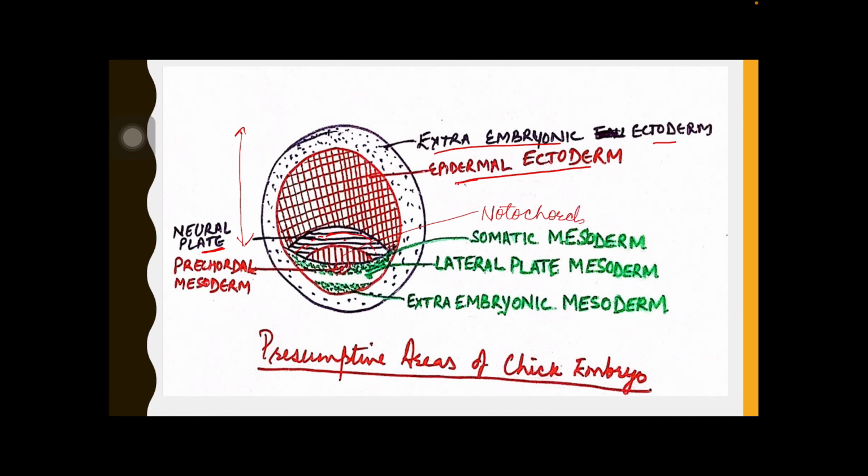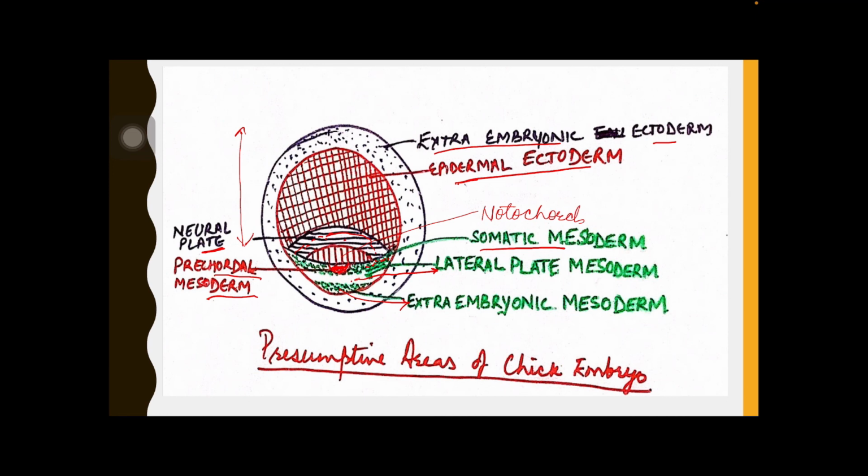right? And next to the notochord, there is precaudal mesoderm. This area is the precaudal mesoderm, and then it is followed by somatic mesoderm. ये जो upper, this is the somatic mesoderm. Then this is the lateral plate mesoderm, and then this is extraembryonic mesoderm. So these are the different presumptive areas of the chick embryo.